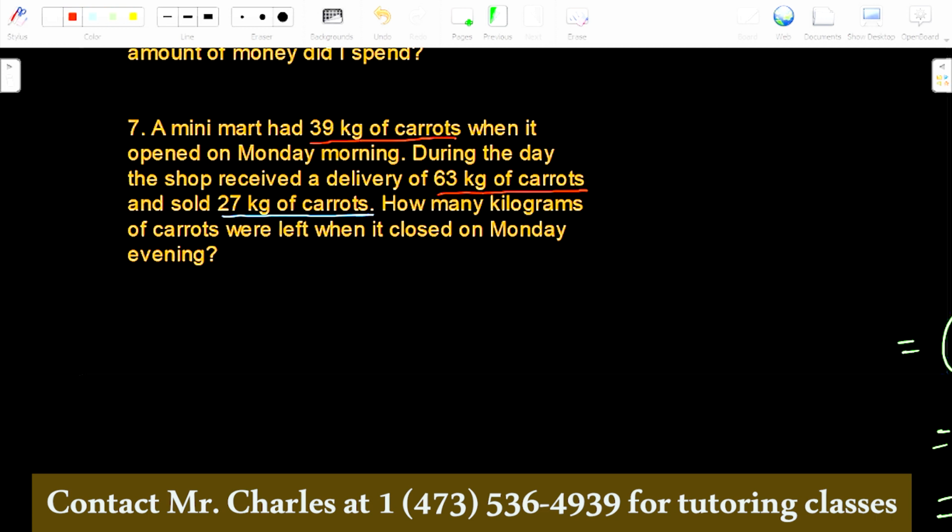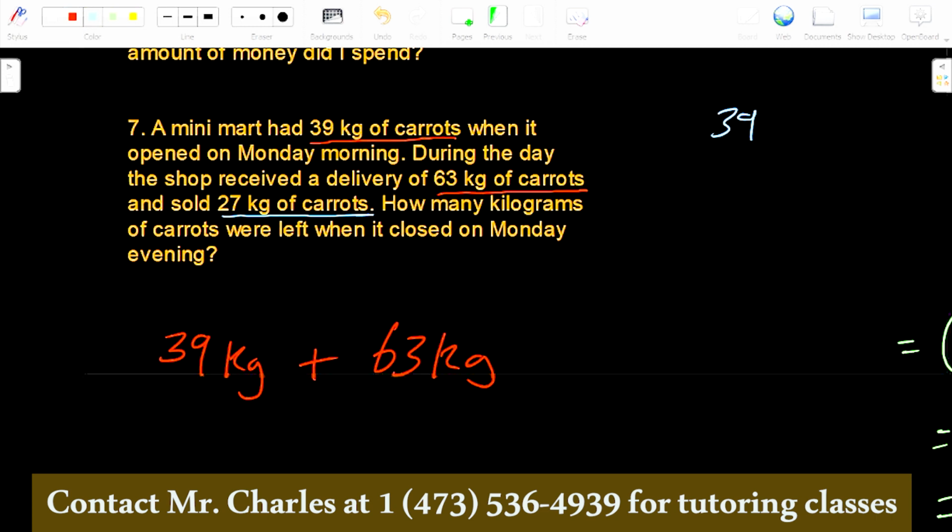So you start off with 39 kilograms, and then you got a delivery of 63 kilograms. So 39 plus 63: 9 and 3 is 12, and 6 and 3 is 9, and 1 is 10.